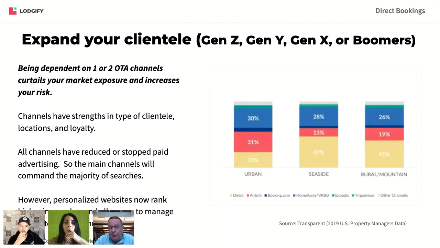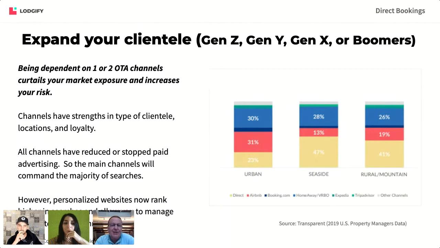In addition, your own website has become even more powerful as most channels have stopped paid advertising. So the ranking in search of your own website becomes even more visible than it did in the past overall. Okay, so to reduce your risk, you really need to consider expanding your clientele base and understanding what channel they're going to come to you in and how they're going to make their decision overall.